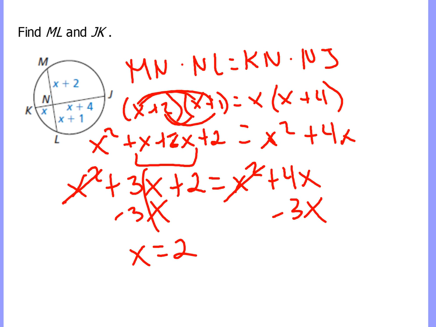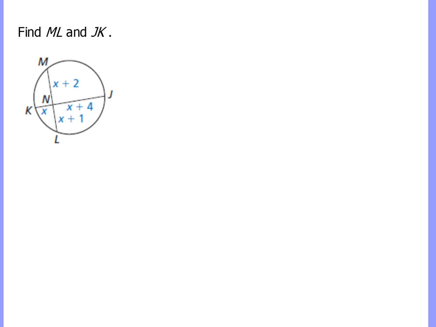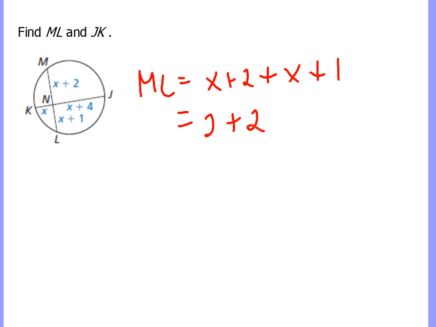So for the measure of ML, I'm going to erase this real quick, and you can always pause the video if you need to. There we go. All right, so the value of x was 2. So ML equals x plus 2 plus x plus 1, so 2 plus 2 plus 2 plus 1.